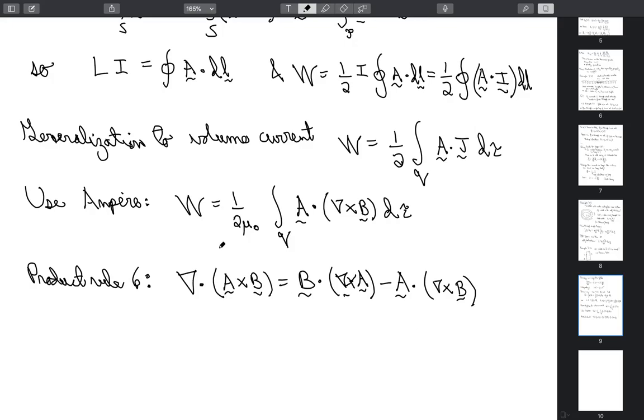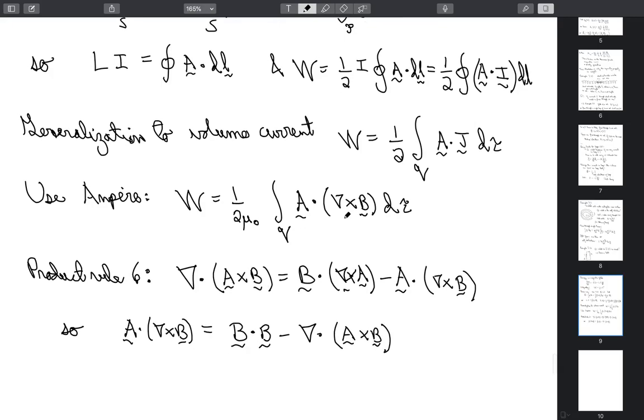That allows us to write that A dotted into curl B is equal to B dotted into B minus the divergence of A crossed into B. Okay, and now I can just use this in here.